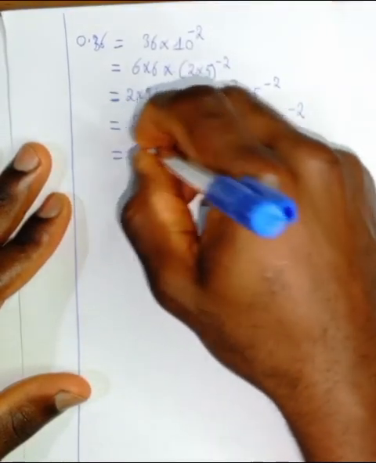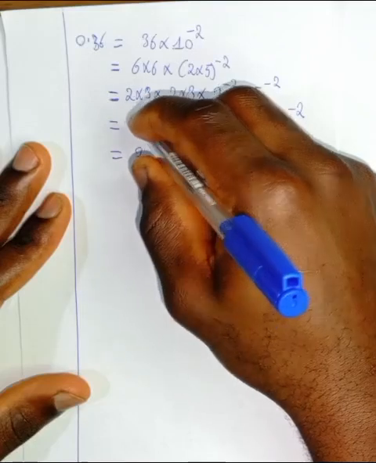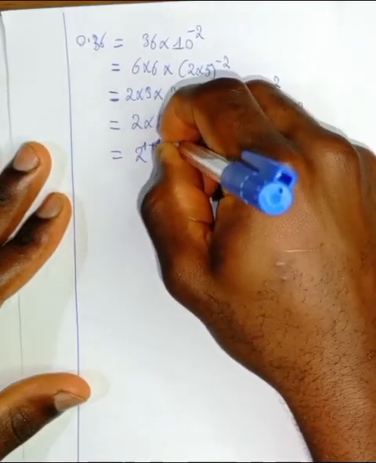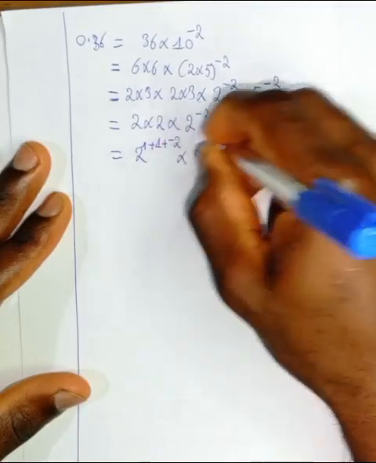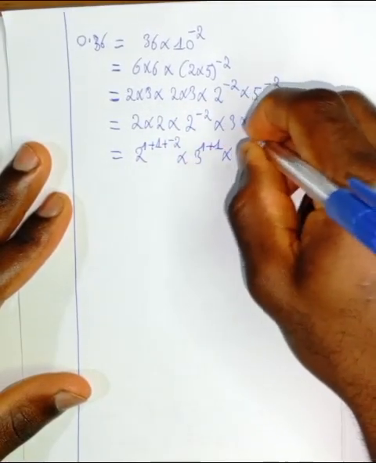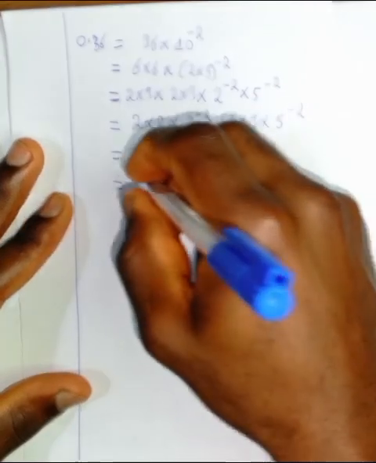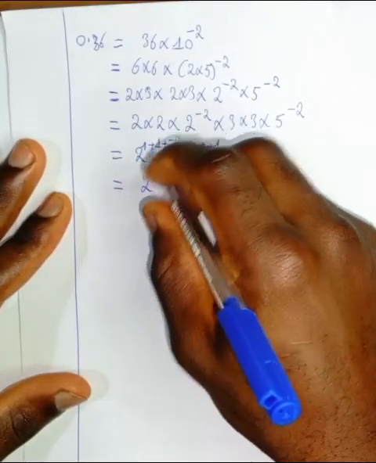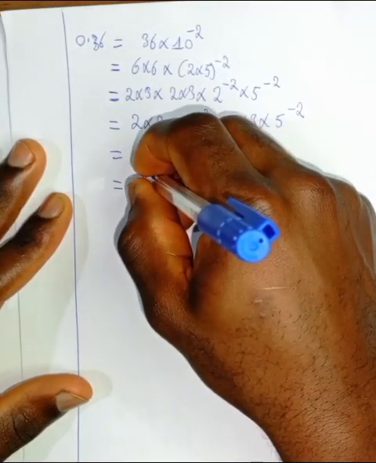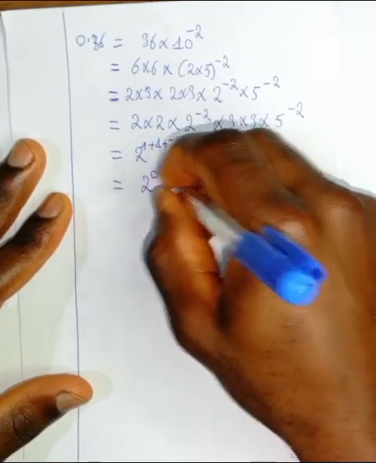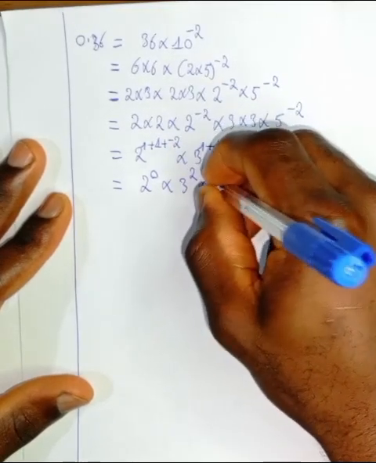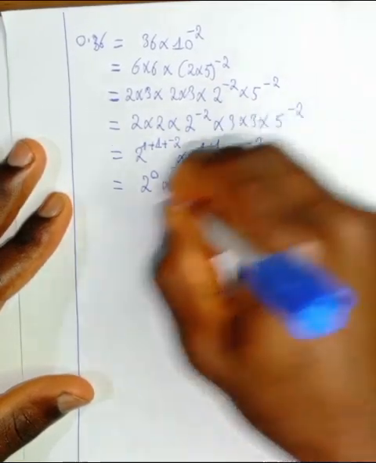This will simply give us 2 raised to the power, we are going to add the powers 1 plus 1 plus 1 plus negative 2 times 3 raised to the power 1 plus 1 times 5 raised to the power negative 2. This will simply be equal to 2 raised to the power 1 plus 1 gives us 2 plus negative 2, it gives us 0 times 3 raised to the power 1 plus 1 gives us 2 times 5 raised to the power negative 2.